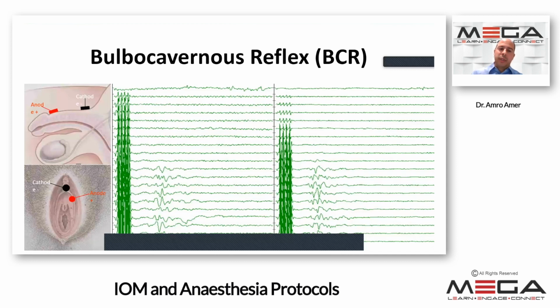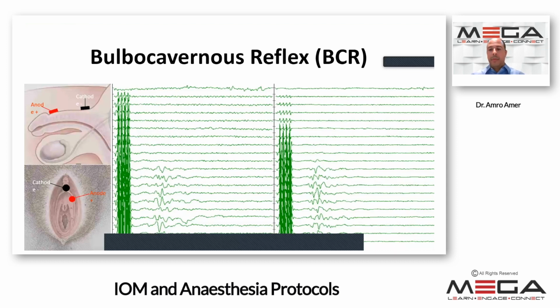For the female, we stimulate the glans clitoris, and for the male, we stimulate the shaft of the penis. We stimulate the sensory branch of the pudendal nerve. It goes all the way to the spinal cord and interneurons, giving a signal going back through the pudendal nerve to the motor branch.